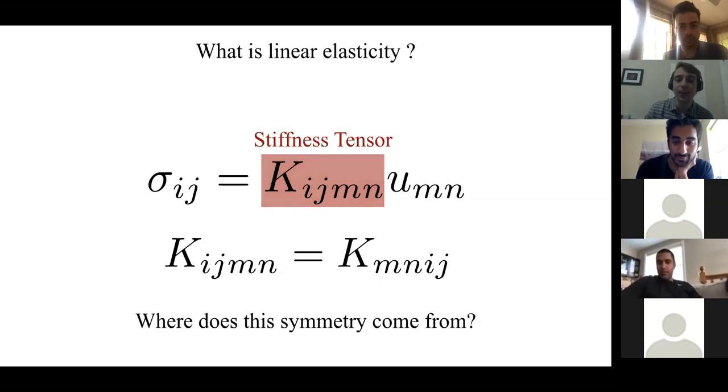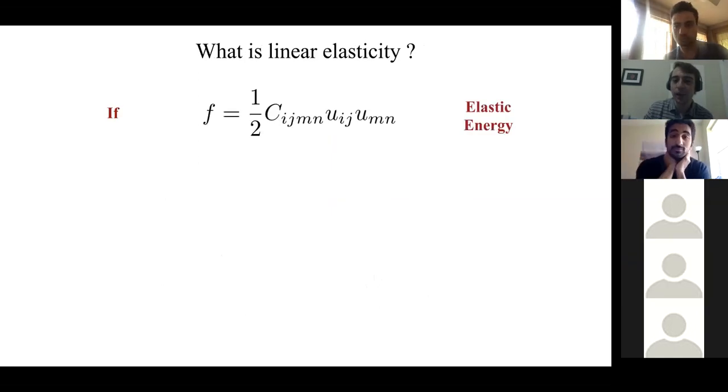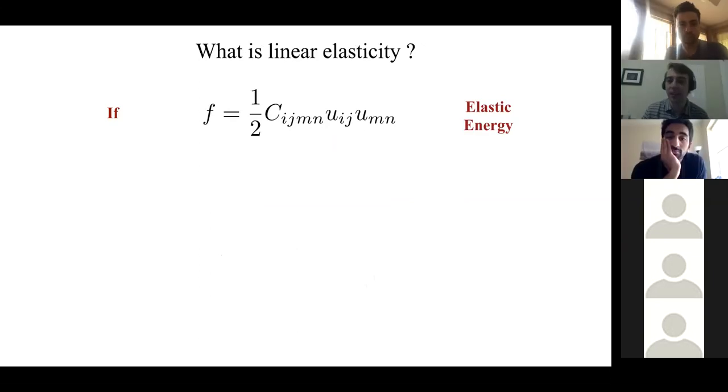So where does the symmetry come from? Why are Landau and Lifshitz telling us this? Well, if you're thinking about a passive material, one generally assumes the existence of an elastic potential energy. It may be a very complicated function of the strain, but for small strains, you should be able to approximate its minimum as a quadratic function.